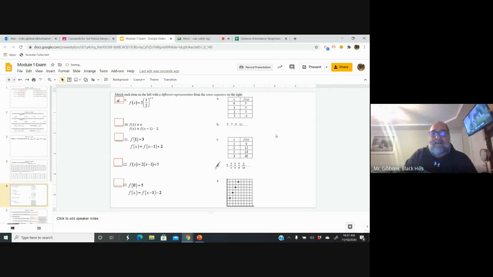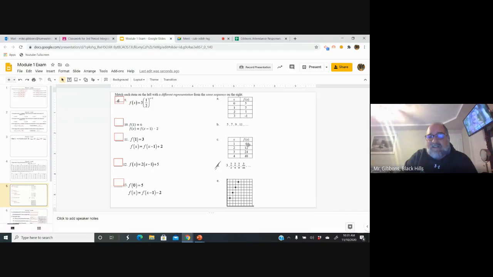Now, I go to 10. Now, the recursive is way easier because f of 1 is 6. So now I'm looking for an x of 1 and an f of x of 6. I see that already right there in the table. Now, times 2 means I'm multiplying my f of x's by 2.